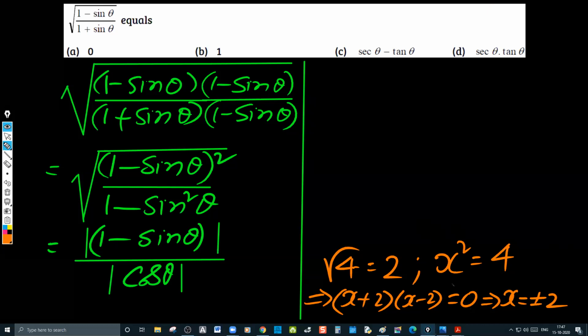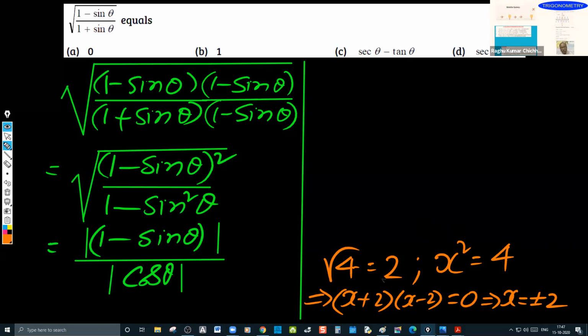Yes, sir. That is the reason why whenever it is equated to an unknown quantity, a variable, you have to write plus or minus. But when you know that the term under the root is positive, the result is also positive, then you need not write plus or minus 2.